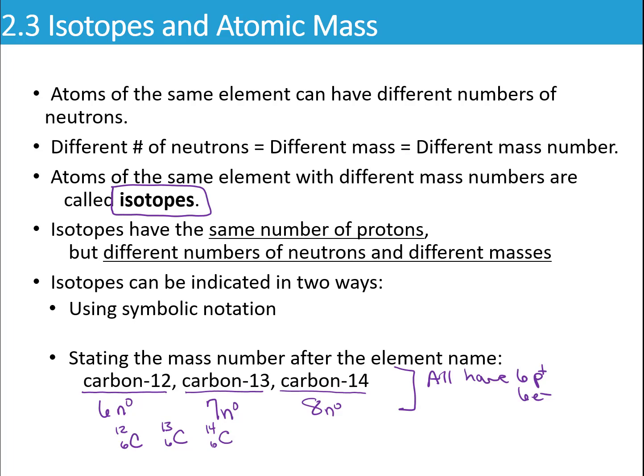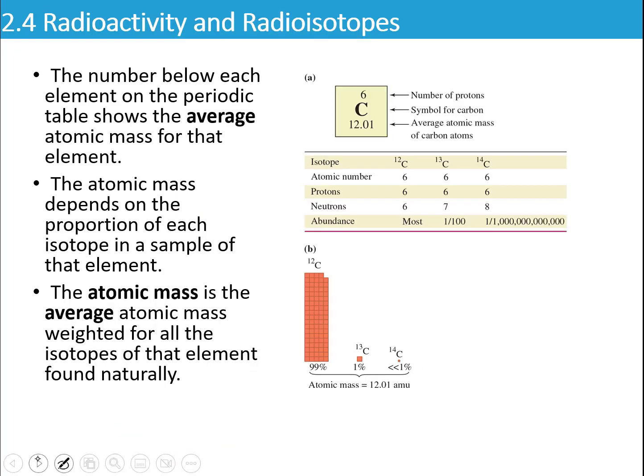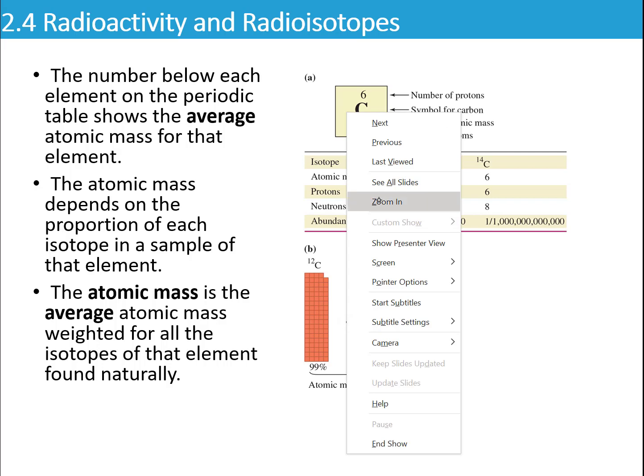So the amount of each of these found in nature is the reason that the atomic mass on the periodic table is the way it is. So notice when you look at carbon, on that one it's 12.0108. Okay, so it's not a whole number, it's got those decimals. So what they did, and let me blow this up just so that you can see it a little bit better in a zoom.